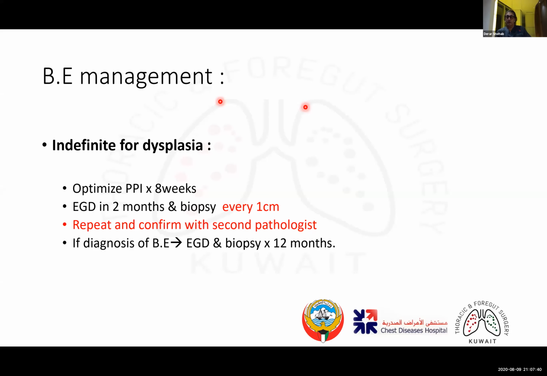Make sure that 2 experienced pathologists look at it, and if you have a Barrett's esophagus, then basically repeat your endoscopy and biopsy every 12 months.